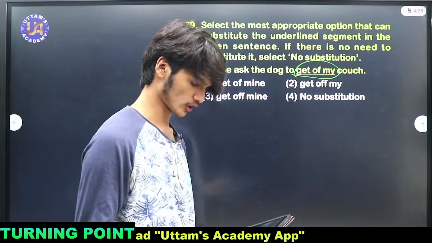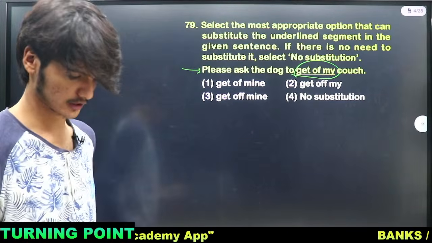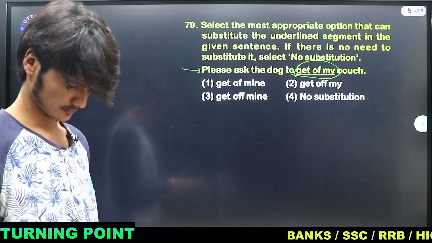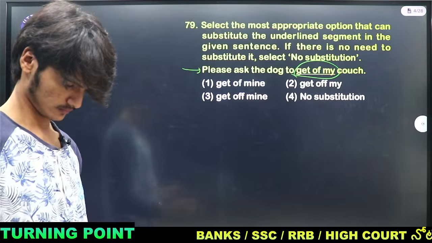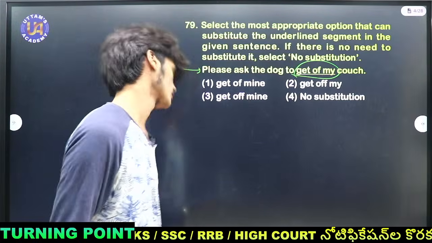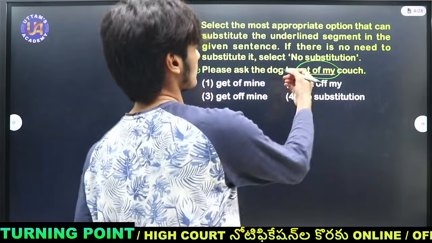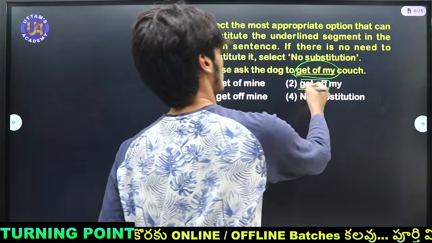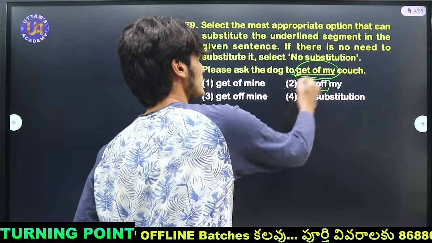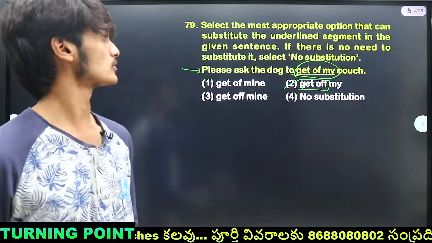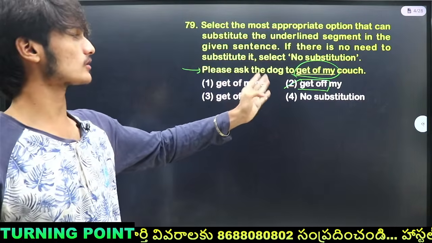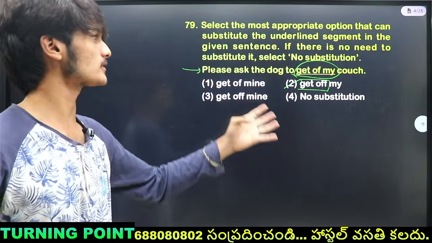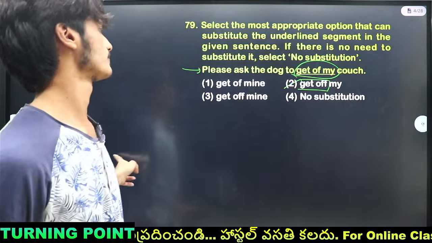Lucky also says option 2. Hassan Basha says option B. Generally the best phrasal verb to use is get off. Get off means to leave the place. So please ask the dog to get off my couch means to leave the couch.